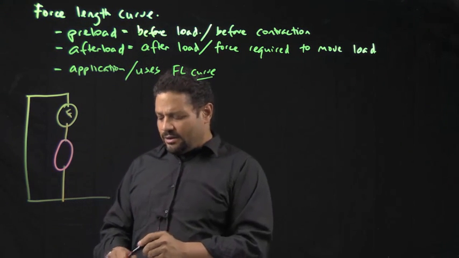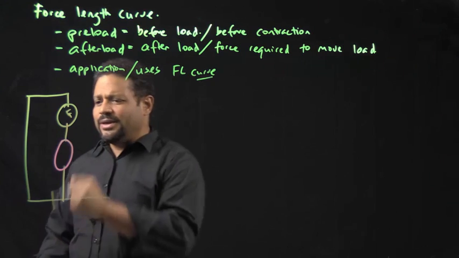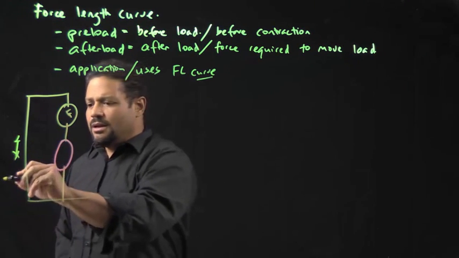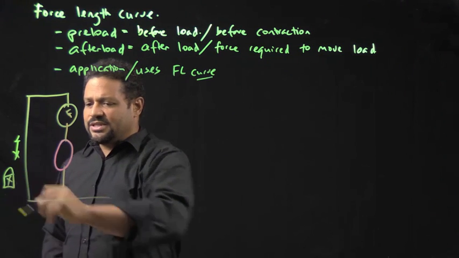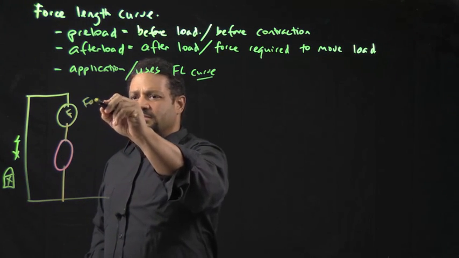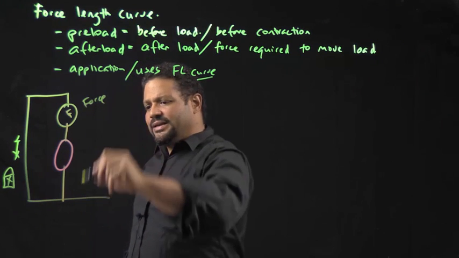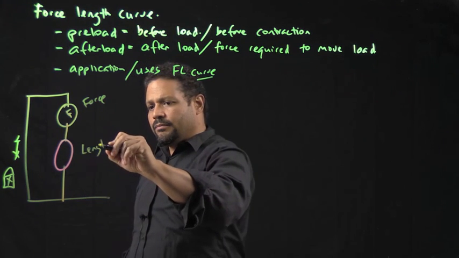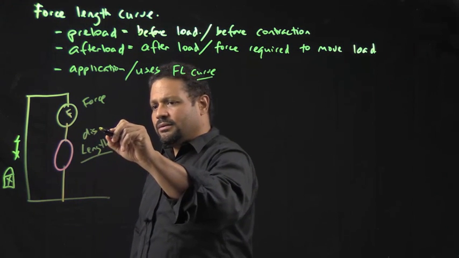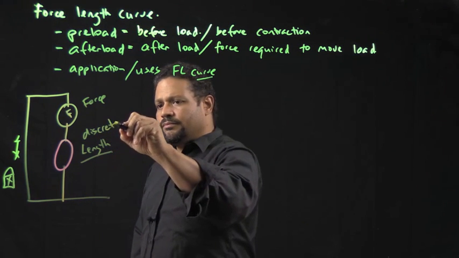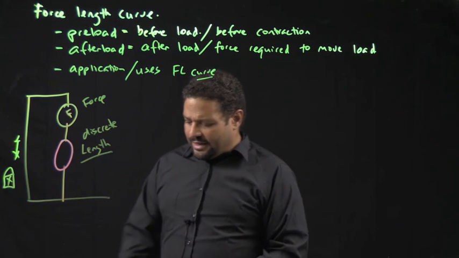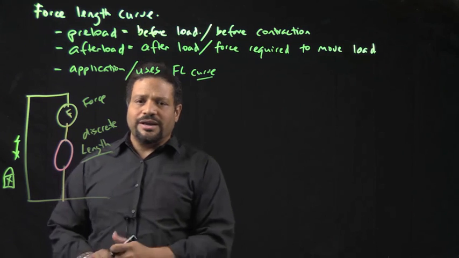And we can move this rig up and down, so we can change the length of the muscle and lock it into position. So what we're doing is measuring force per different length. And these lengths are fixed or discrete lengths. So what we have is a graph that will look like this.